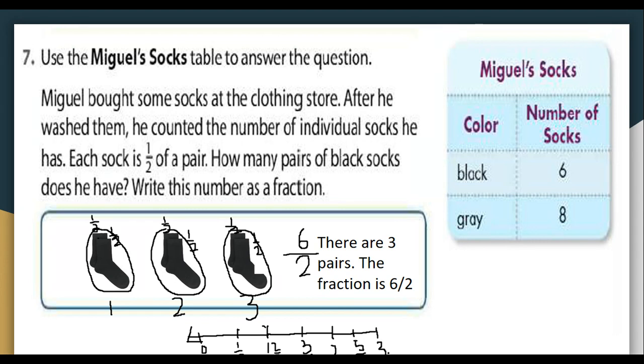And then the 3 would represent 6 halves. And that is another way of looking at 6/2 on a number line.